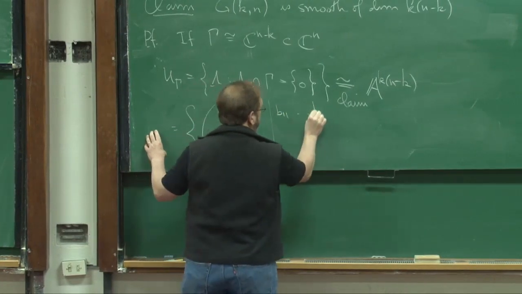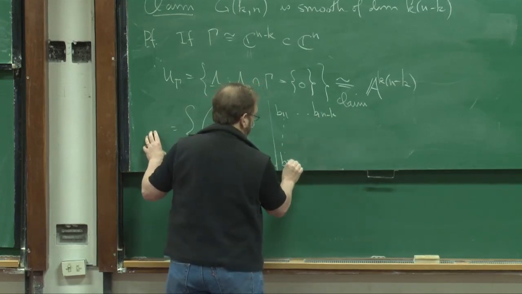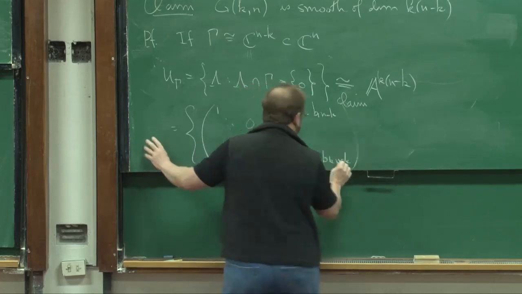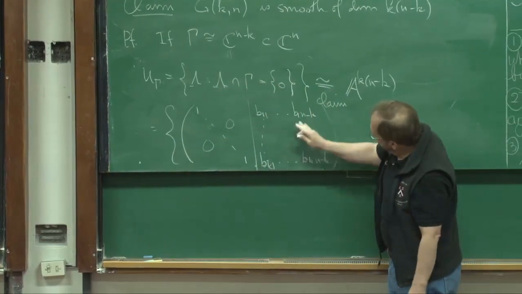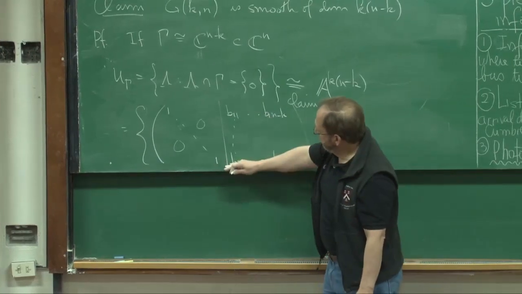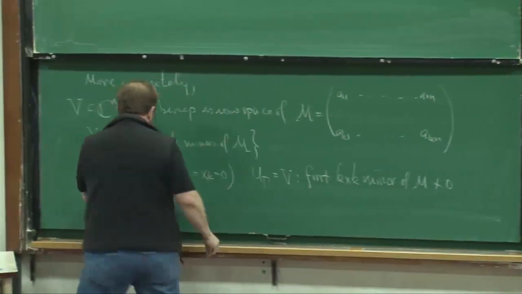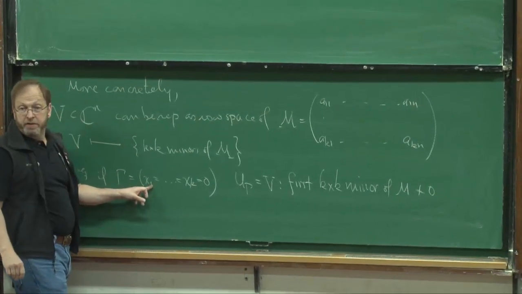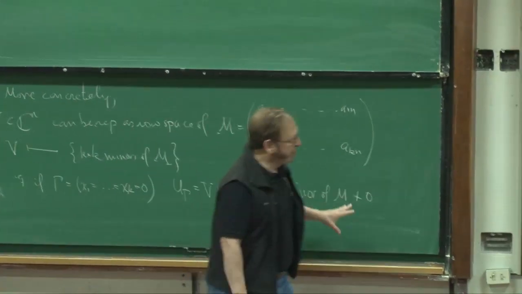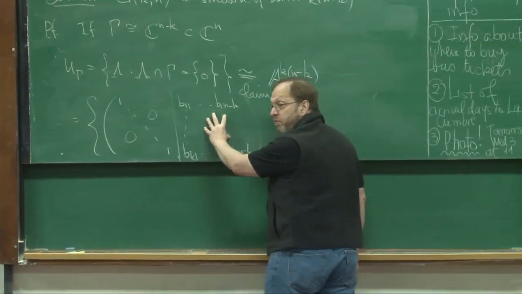B11 to B1,n minus k, Bk1 to Bk,n minus k. In other words, for every such k by (n minus k) matrix here, I can take the row space of this matrix and get a k-dimensional subspace complementary to this particular gamma, and conversely. So every plane complementary to gamma is represented uniquely in this form.